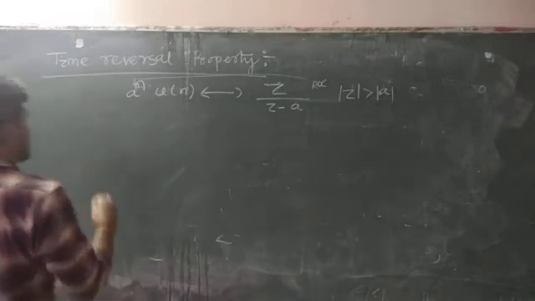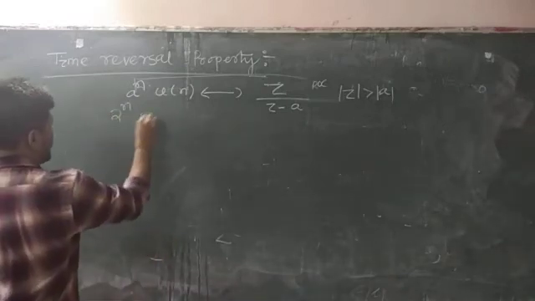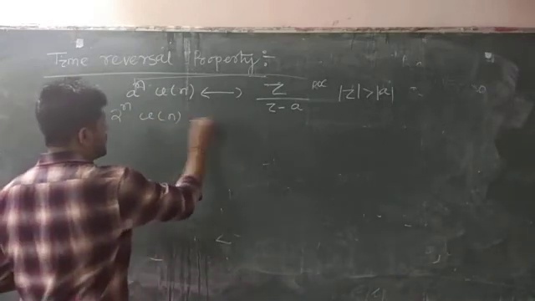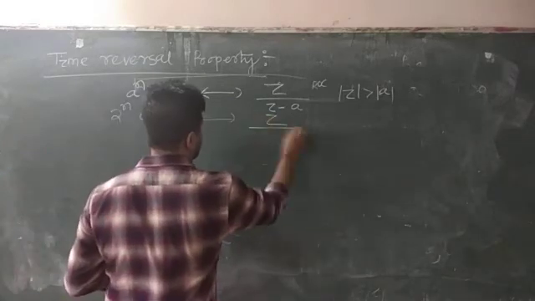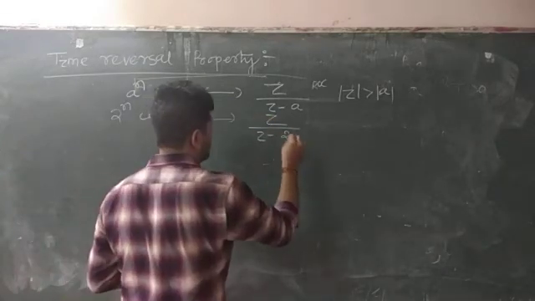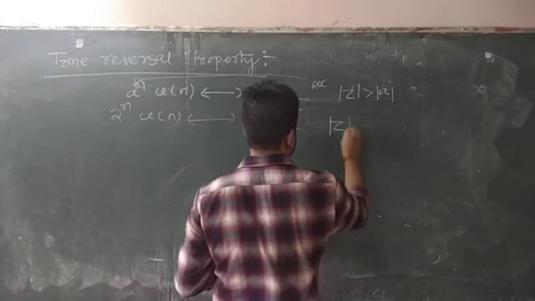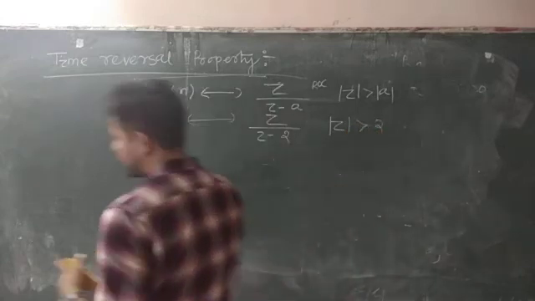For example, if you are given 2 to the power n u[n], then the Z transform will be Z by Z minus 2, in place of a replace with 2, and mod Z greater than 2.